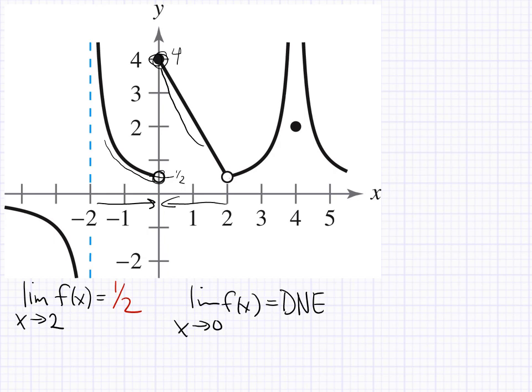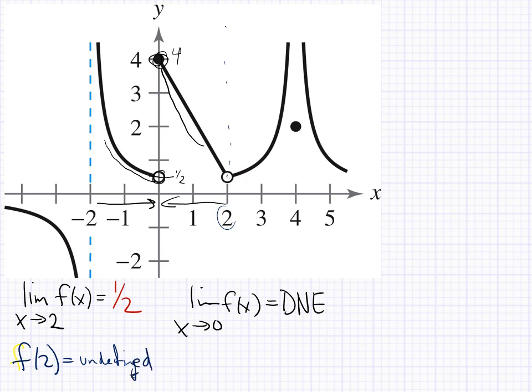Now, to change that up for a second, if I went back to this first question, I said find f of 2. There is no function value when x equals 2. If you notice, there's no point sitting anywhere above the 2. So this is undefined.